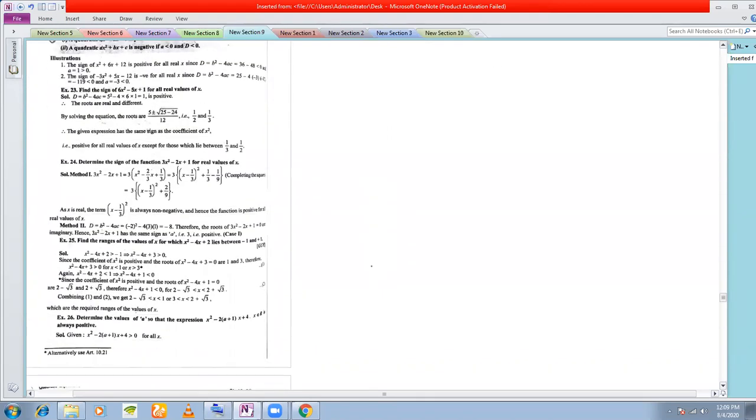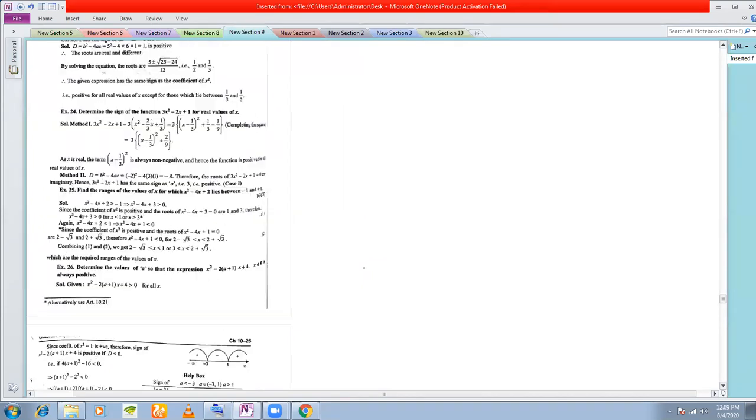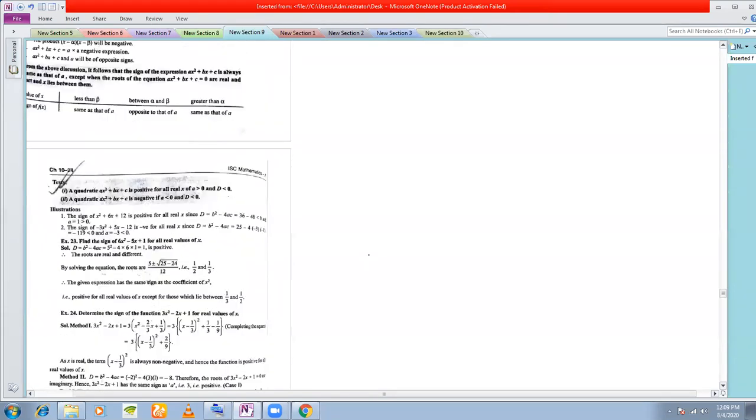Now, how to determine the sign of the quadratic? Determine the sign of the quadratic.